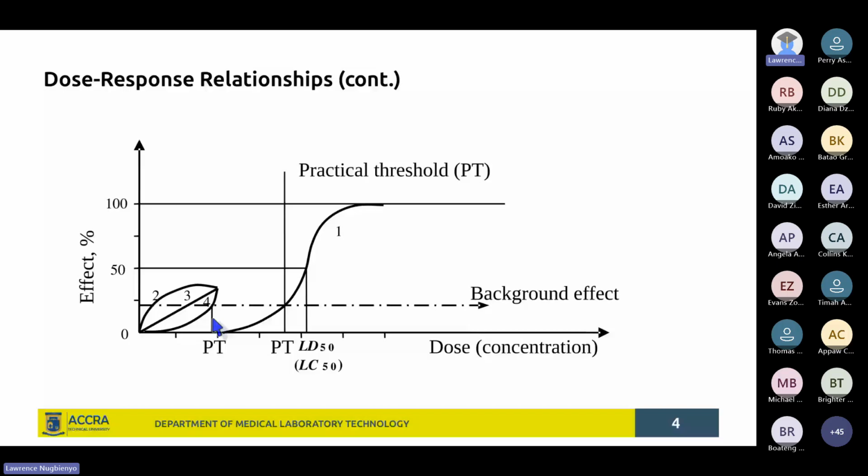Some people will experience certain effects, which really is not that significant for some, but for some, that can be also a little bit significant, because as you can see, the curve goes a little bit above the background effect.